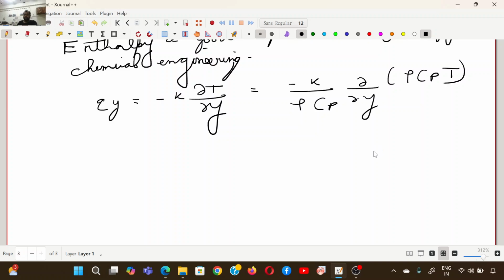If you remember the dimensionless number, I'll come to that now. First I just make some notes. In general, rho and Cp are constant, independent of position.